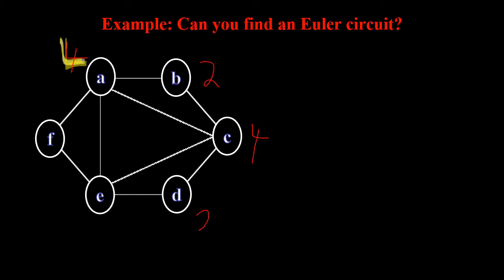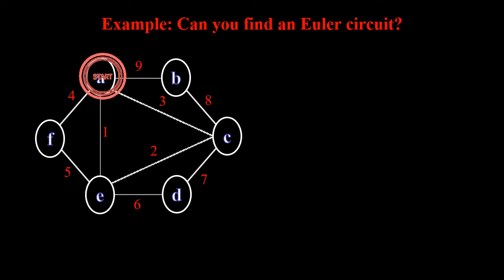The degree of D is 2, while this one is 4, and this one is 2. So all vertices are even, so it has at least one Euler circuit. So we're going to start at A again, and we're going to see an example of an Euler circuit. We can follow the numbers.